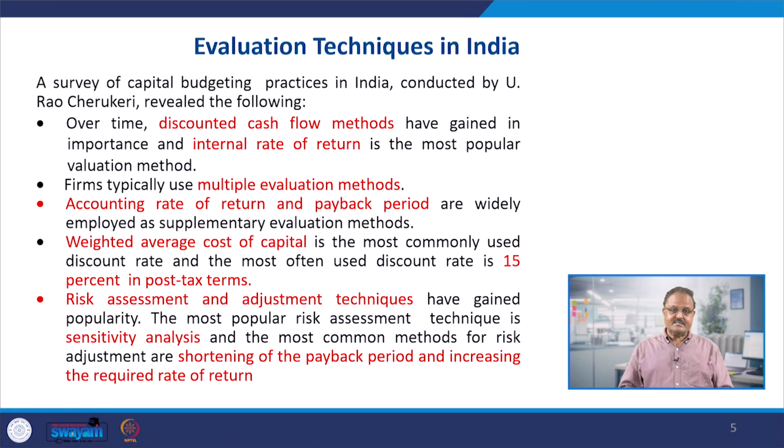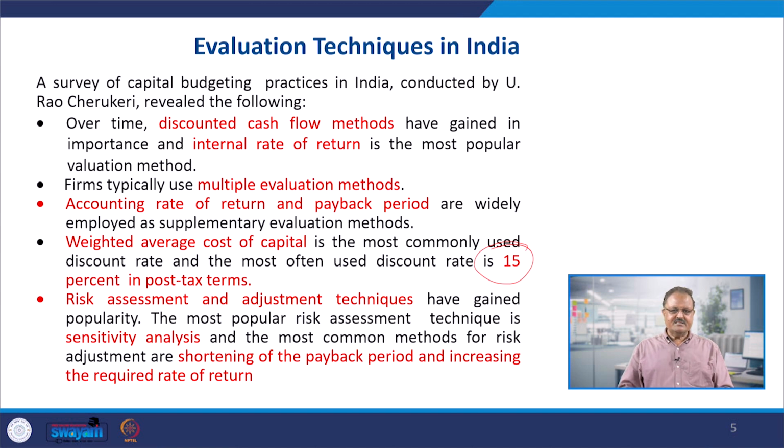When you talk about the discount rate, I was talking to you in some previous class also. The most prevalent or widely used discount rate in India is 15%. That is the post-tax rate of return. We assume that our cost of capital, or the Indian economy's cost of capital, is 15%.